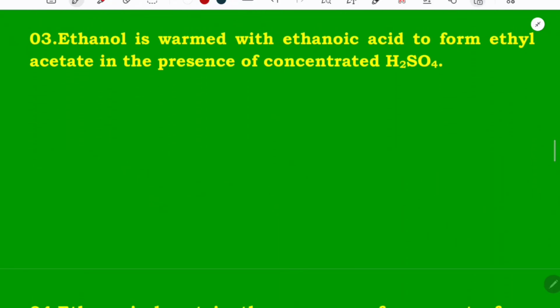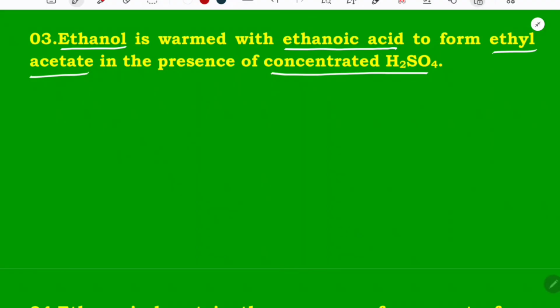Next question. Ethanol is warmed with ethanoic acid and forms ethyl acetate in the presence of concentrated sulfuric acid. Now we should write the balanced chemical equation. Before that, we should write the formulas.